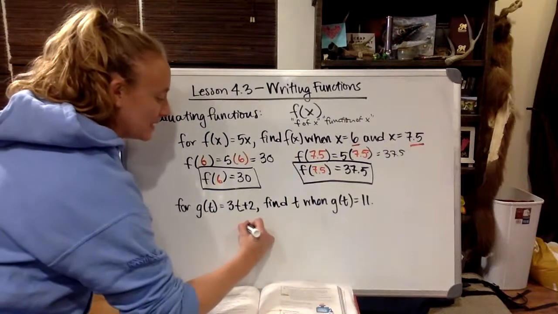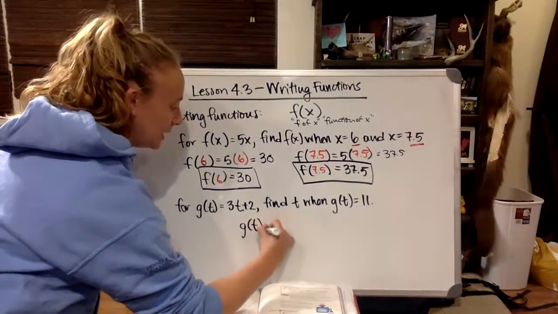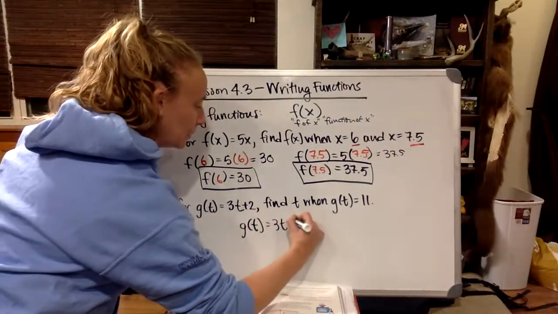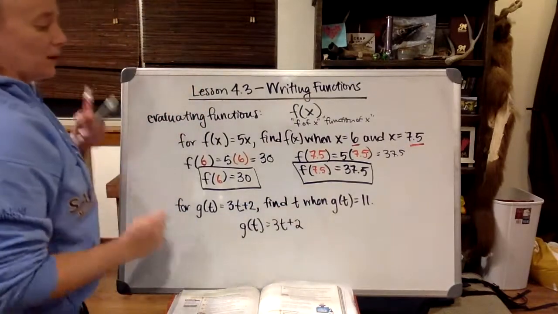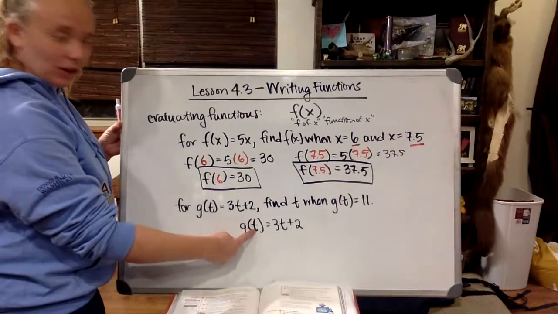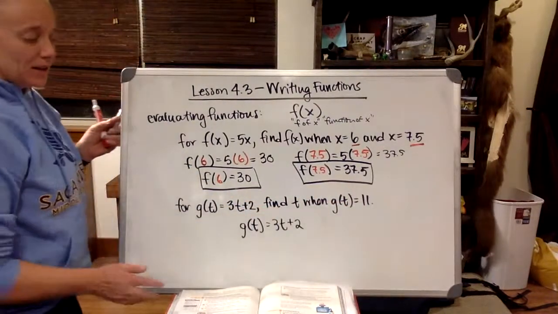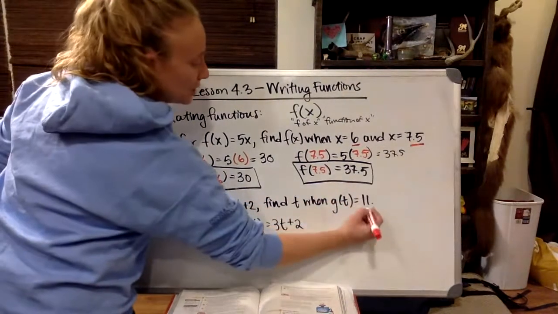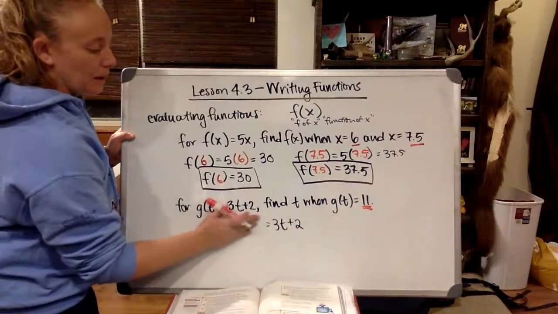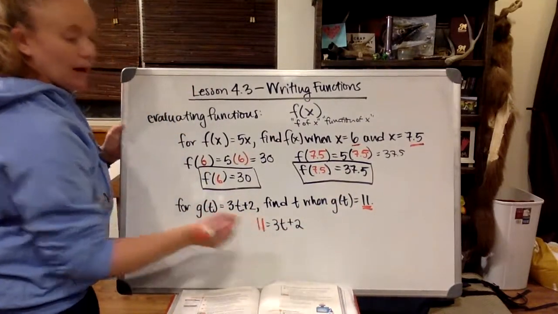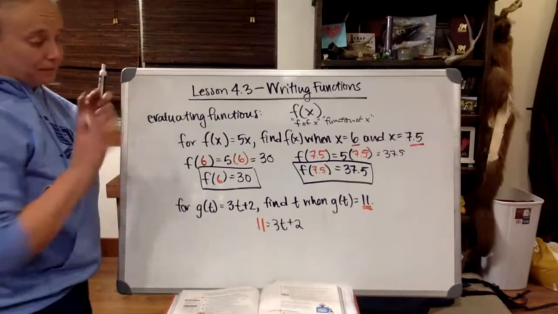So we have this base function, g of t is equal to 3t plus 2. We want to find what t is in this function if g of t is 11. So in other words, instead of writing g of t, this time I'm going to write 11. Now I'm going to solve it.